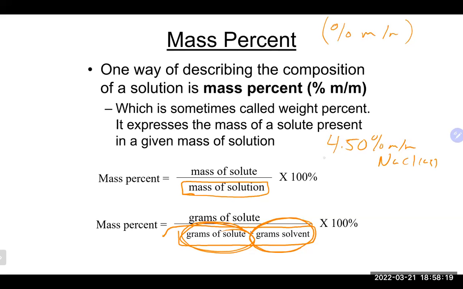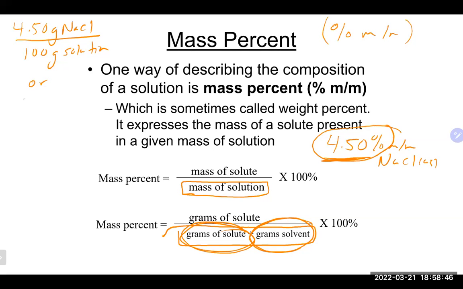So if you ever needed to turn a percentage concentration into a conversion factor, 4.5% by mass sodium chloride would technically mean you have 4.5 grams of sodium chloride in 100 grams of solution. So you could take that percentage and turn it into a usable conversion factor, or you can flip it around. You could say in 100 grams of solution, you would have 4.5 grams of sodium chloride.